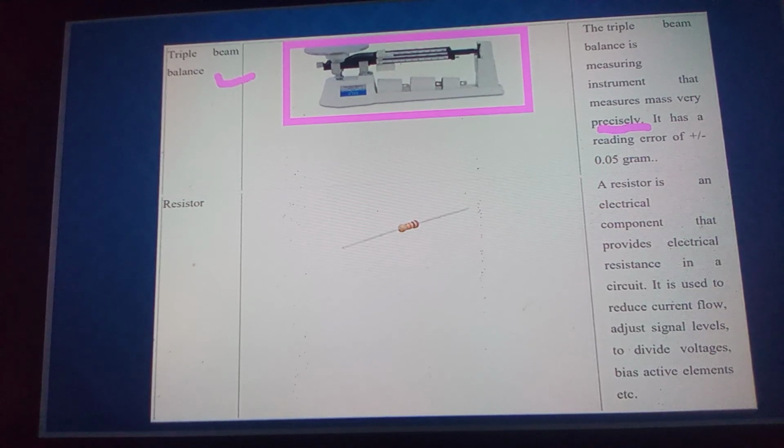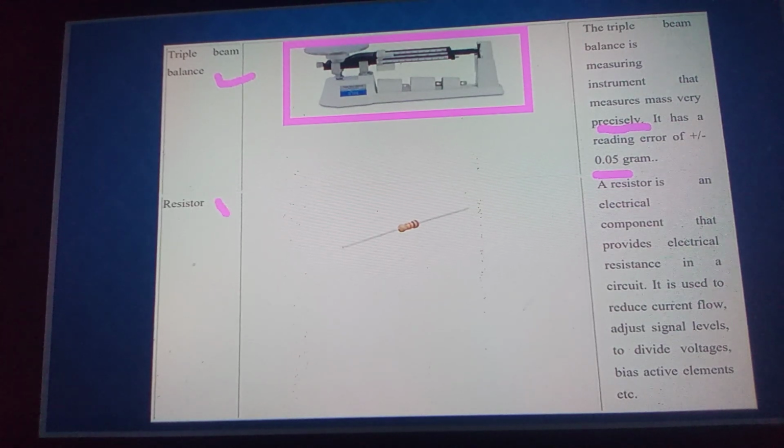It is used to measure the mass of substances, but it is very precise. It has a reading error of plus or minus 0.05 gram. So it is better to use triple beam balance where you need to minimize errors, because it is more precise.